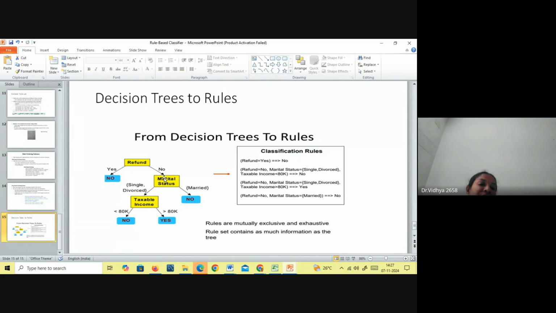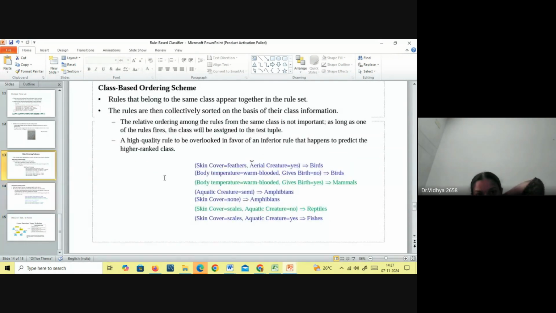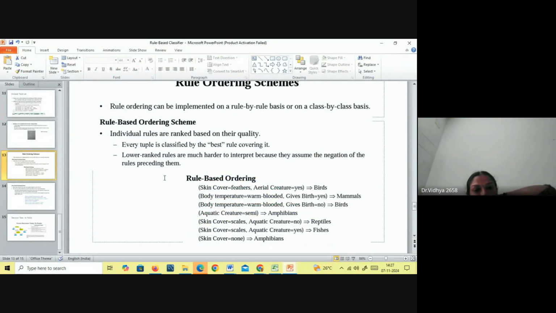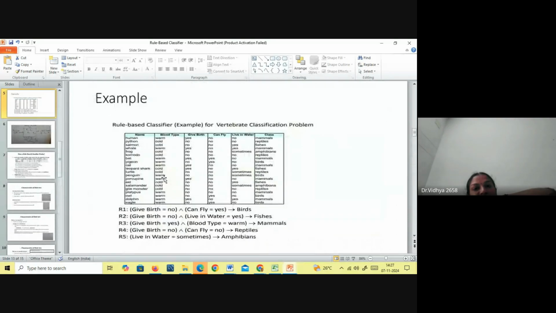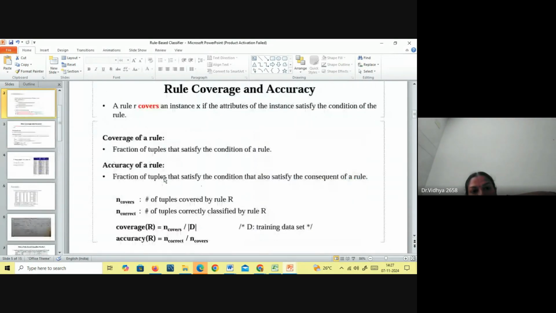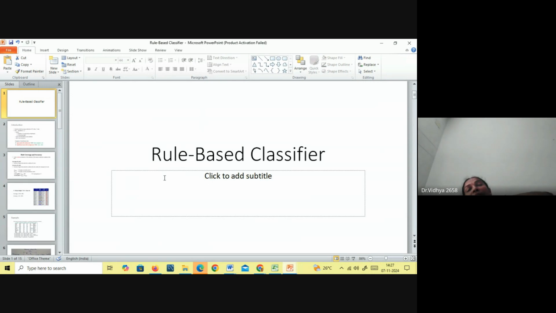We must have a basic idea behind the decision tree, and then the rule-based structure can be applied, where the decision tree took part in having some important attributes. Then this is the rule-based classifier.